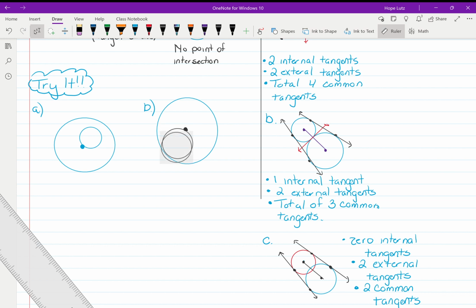And you want it to touch, and I'm having difficulty with my finger getting it to touch. We're going to leave it right there. There we go. And then you're going to do C. Looks like this.